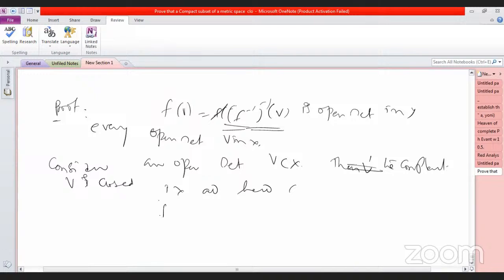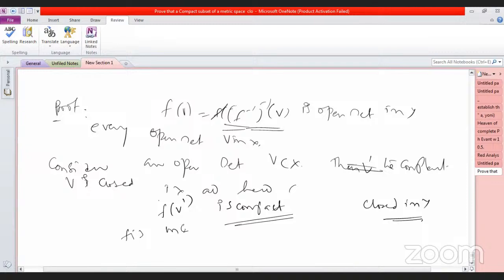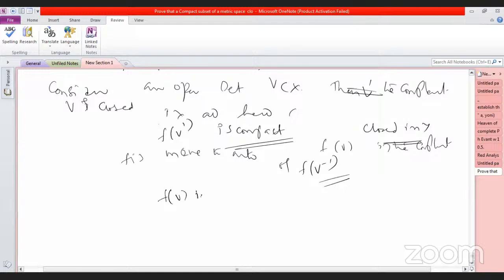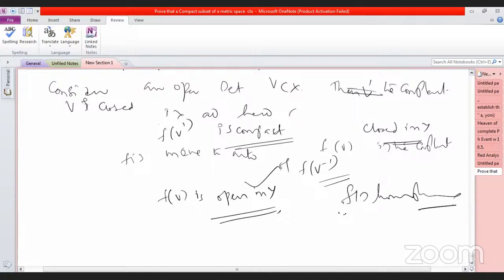Therefore f of V dash is compact, and so closed in Y. Since f is one-to-one and onto, f of V is the complement of f of V dash. So f of V is open in Y. Therefore, if the condition is satisfied, f is a homeomorphism. Clear? Yes, sir.